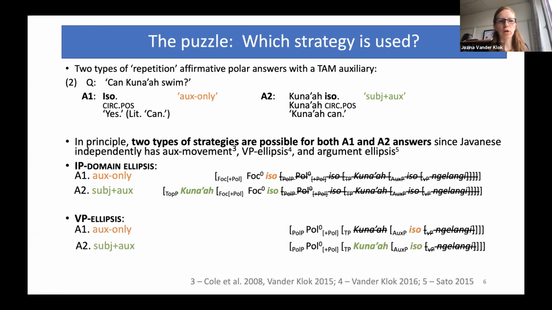Then verb phrase ellipsis is compatible with both types of answers, where the auxiliary remains low. For auxiliary only, you have both VPE and subject ellipsis, whereas for subject auxiliary answers, only the verb phrase ellipsis occurs.